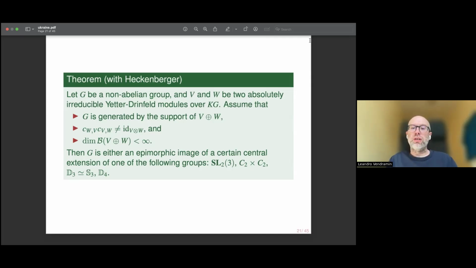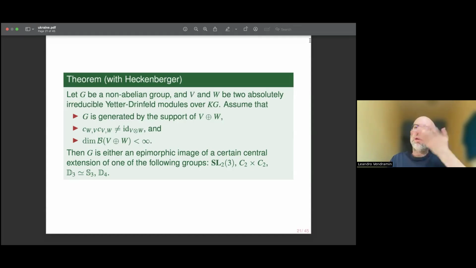G will be a quotient of a central extension of SL(2,3), the group of 2 by 2 matrices of determinant 1 with coefficients in the field of 3 elements, or a quotient of a central extension of a dihedral group, which can have order 4, 6, or 8. So it's a very precise description of the groups involved in this case.